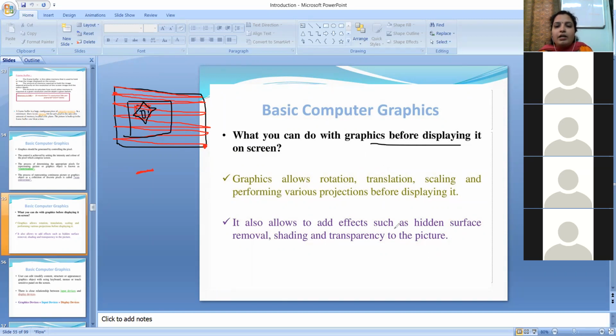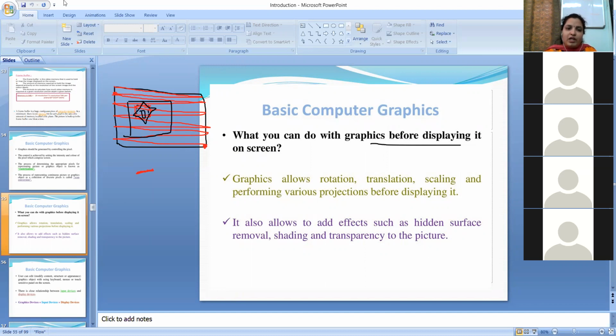Similarly, I can check for hidden surface removal, and apply shading and transparency to the picture. So for the given image, I can check the visible portions and hidden portions of the picture, and I can remove the hidden portion, because it is of no use.